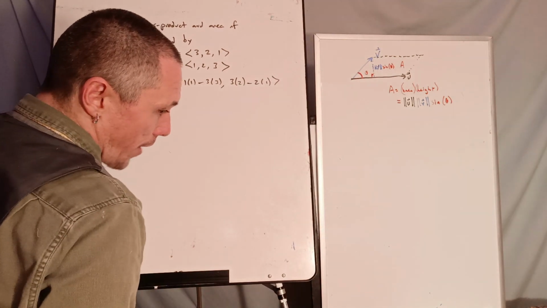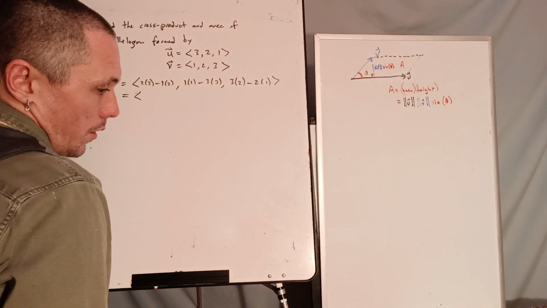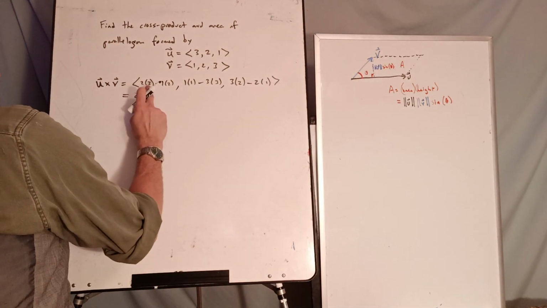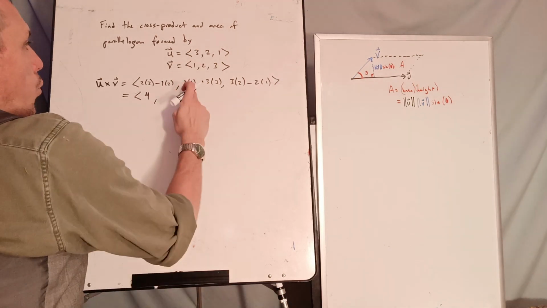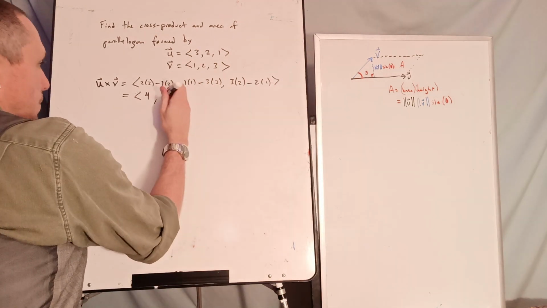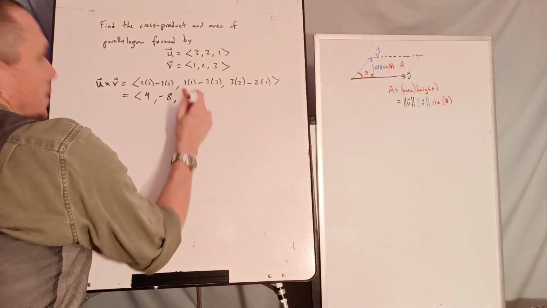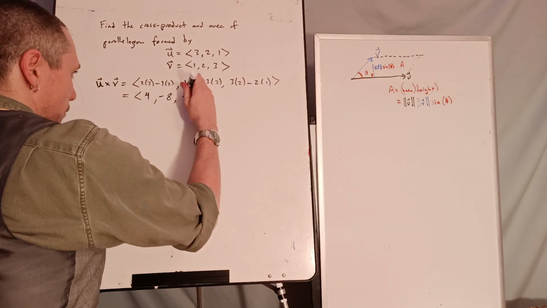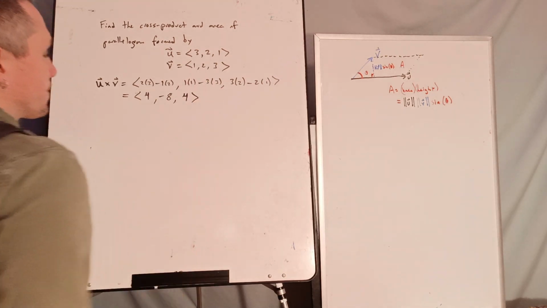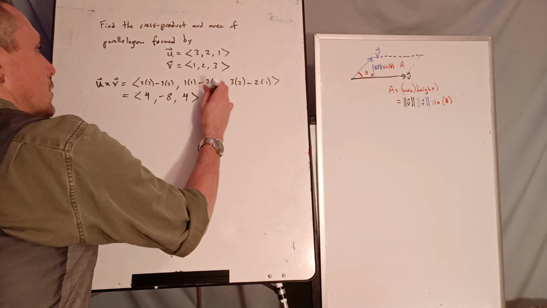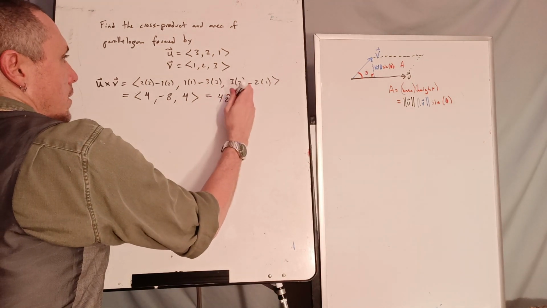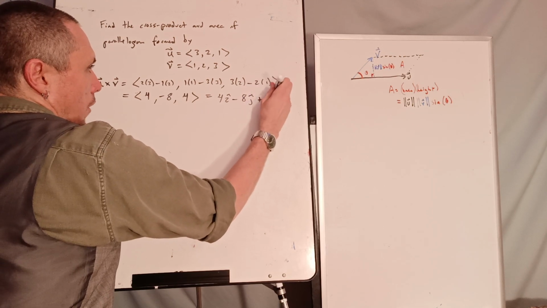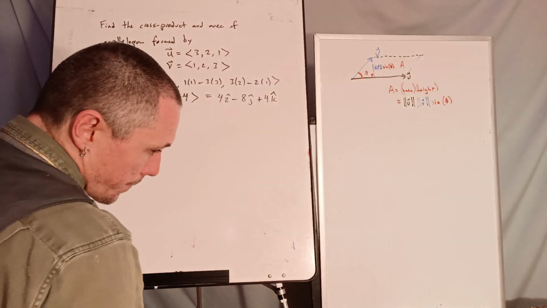And, simplifying, we would have 4, right? 6 minus 2, that's 4. And then 1 minus 9, that's minus 8. And 6 minus 4, again, that's another 4. So if you like, that's 4i minus 8j plus 4k. Here's component form, here's basis vector form.